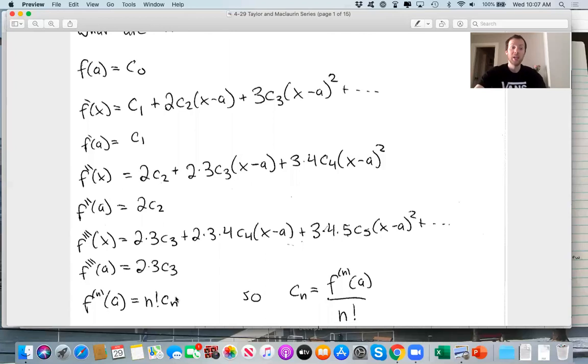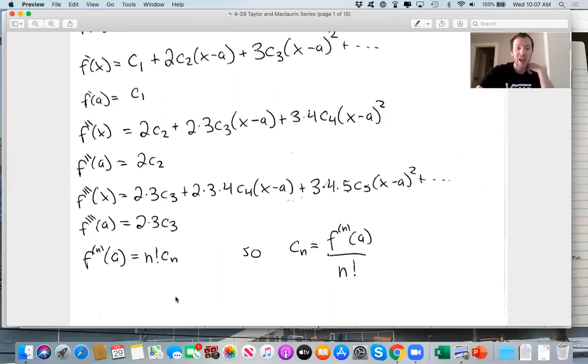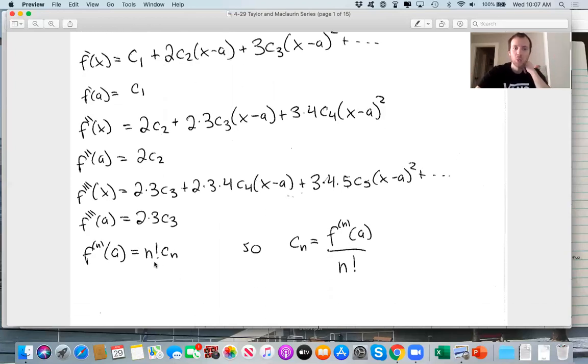So if you keep going, what you see is that this is what always happens. The nth derivative at a is n factorial times cn. So the third derivative is 3 factorial times c3. The second derivative is 2 factorial times c2.